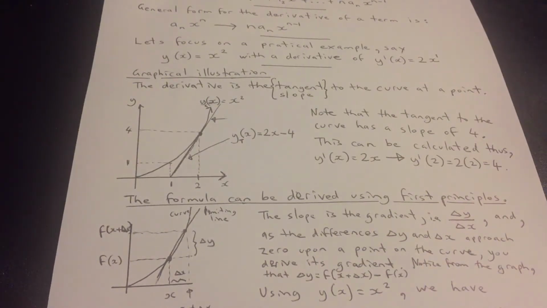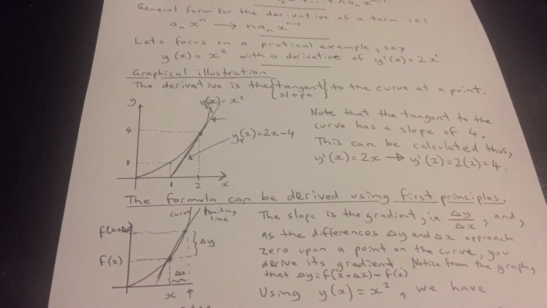And you'll notice that if you increase x by a small amount, we'll call it the difference in x, which is delta x, and correspondingly the y components will increase by delta y, which now is a difference in y.